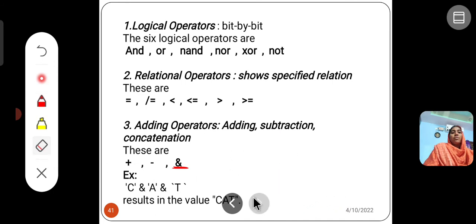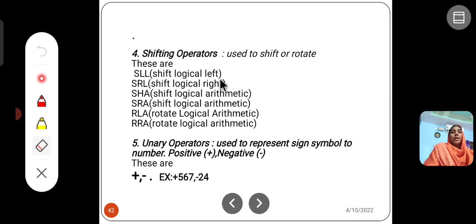The next type of operators are shifting operators. The name itself indicates that it will shift or rotate the value to some extent. If you want to shift the data, we use shift left, shift right, or shift arithmetic, and rotate left or rotate right.